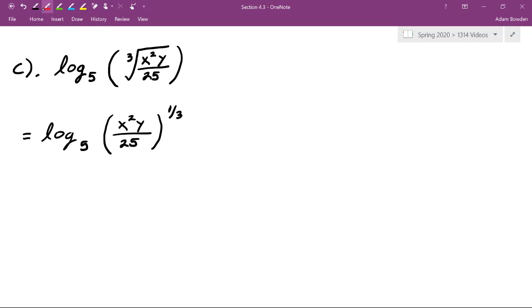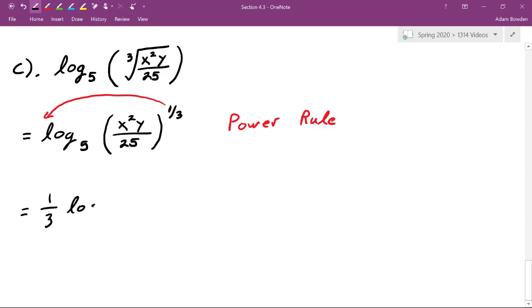Now we're going to work our way from the outside toward the inside. What's on the outside of everything here is the 1/3. So the first thing I'm going to do is move that 1/3 to the front of the logarithm via the power rule for logarithms. That would make it 1/3 log base 5 of x squared y divided by 25.